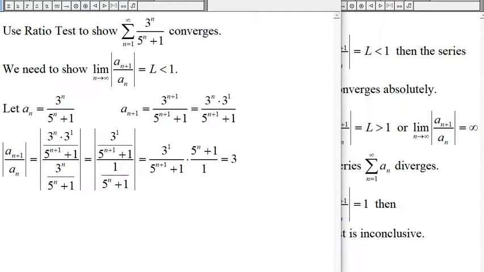And then let's rewrite this as this, so that way we can take the limit a little bit easier. And then now we need to find the limit.